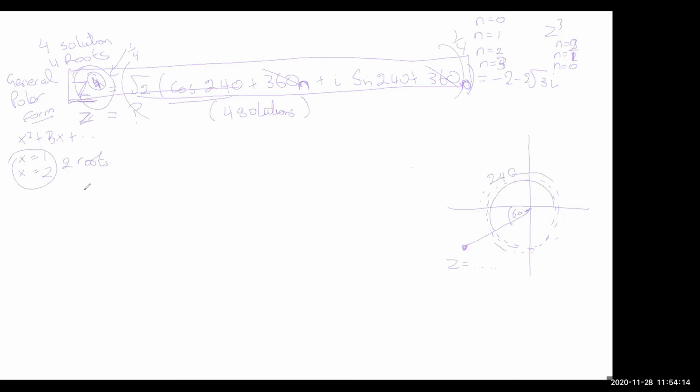So now we have z is equal to root 2 to the power of a quarter by cos of 240 plus 360n plus i sine 240 plus 360n, all to the power of a quarter. Okay, so that's what we have to solve.